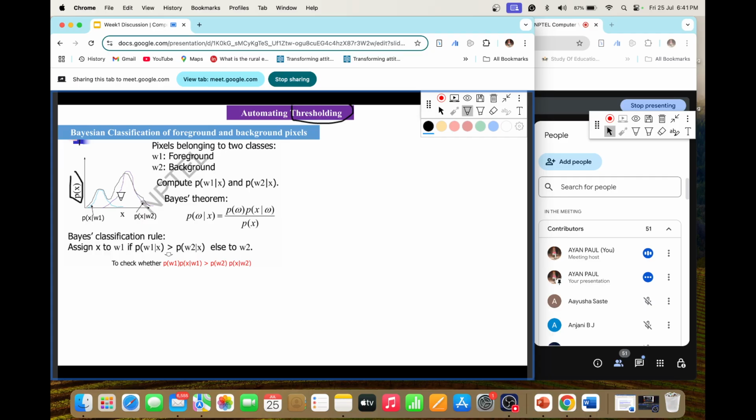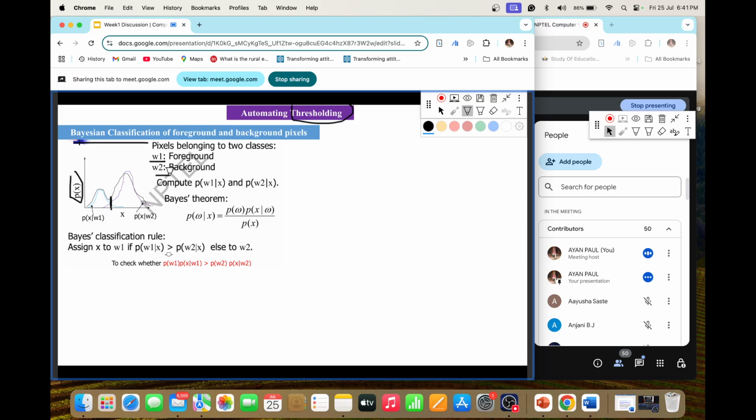Here we will compute a threshold with the help of Bayesian classification. First we choose a random threshold, let's say this is our threshold for now. The area before this threshold we consider as the W1 class. The area after the threshold we consider as the W2 class.